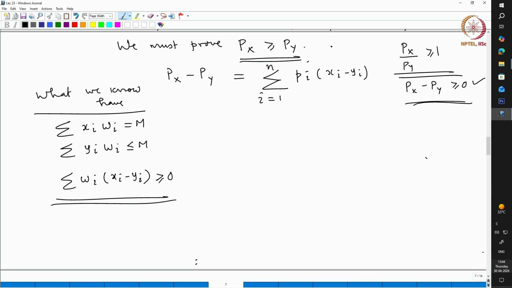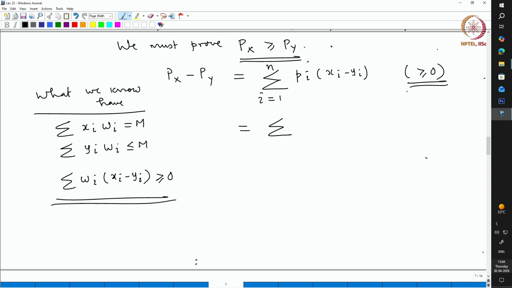What is that we want to show? We want to show that this quantity is greater than or equal to 0. Okay, let us not cram it. This is only a thought process. We want to show that this is greater than or equal to 0, but look what we have, somewhat similar expression. This is very close to what we want to show, except that instead of wi we have pi. So, I bring wi into the scene as follows.